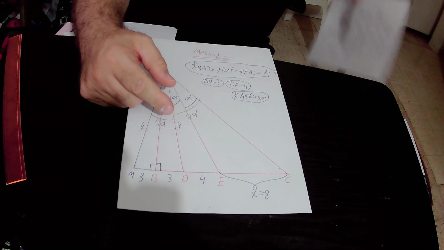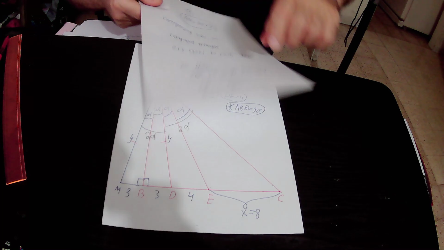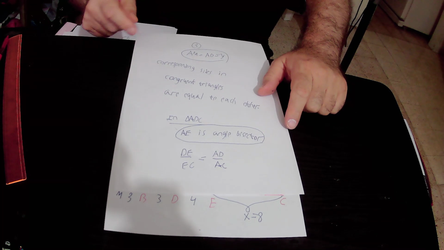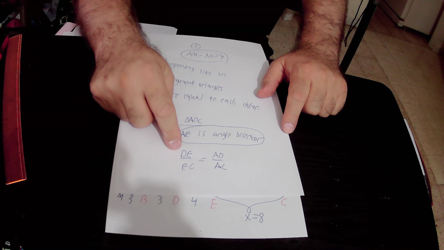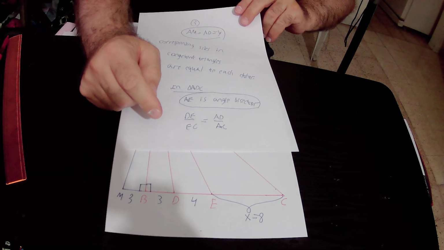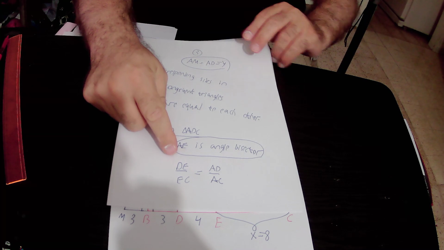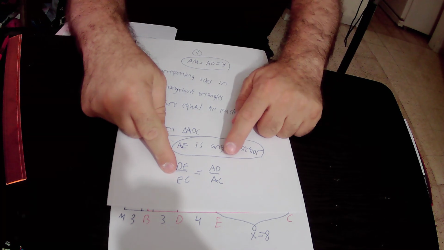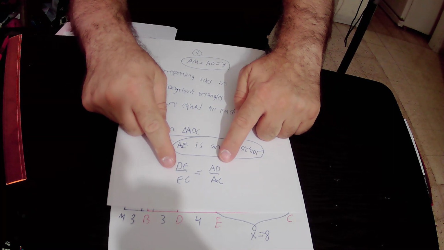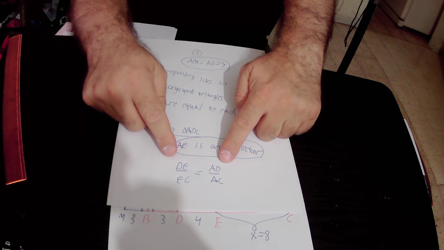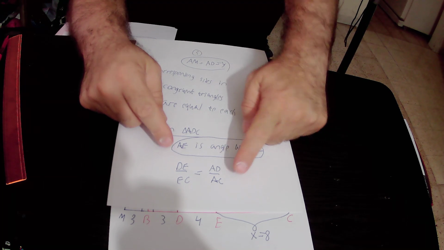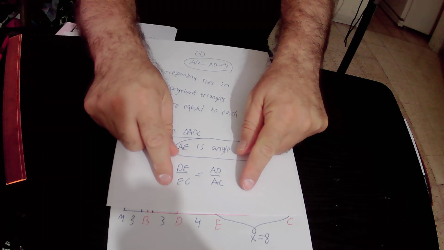So the ratio that angle bisector AE divides CD into is DE over EC, and that ratio equals the ratio between the angle sides, AD over AC.